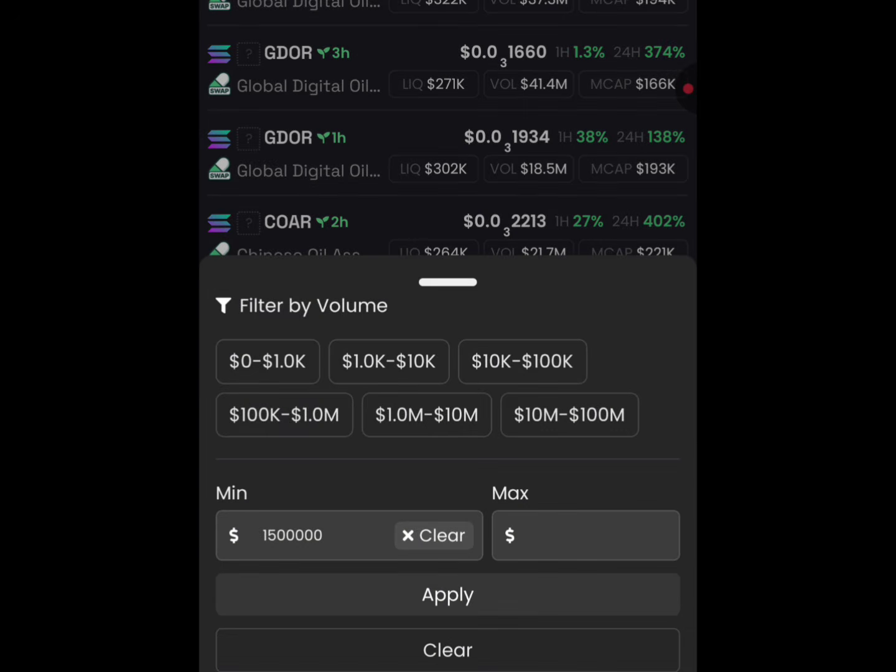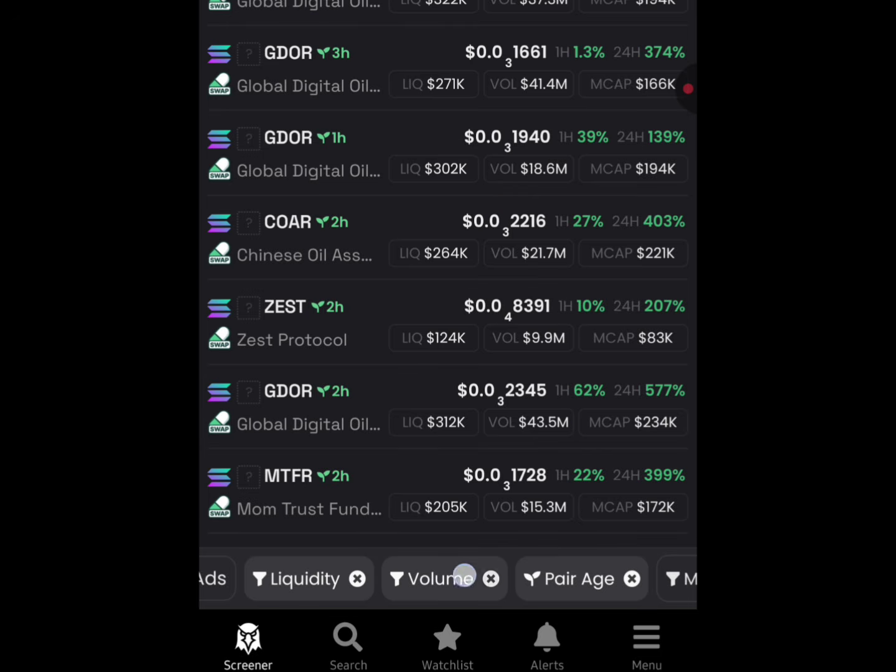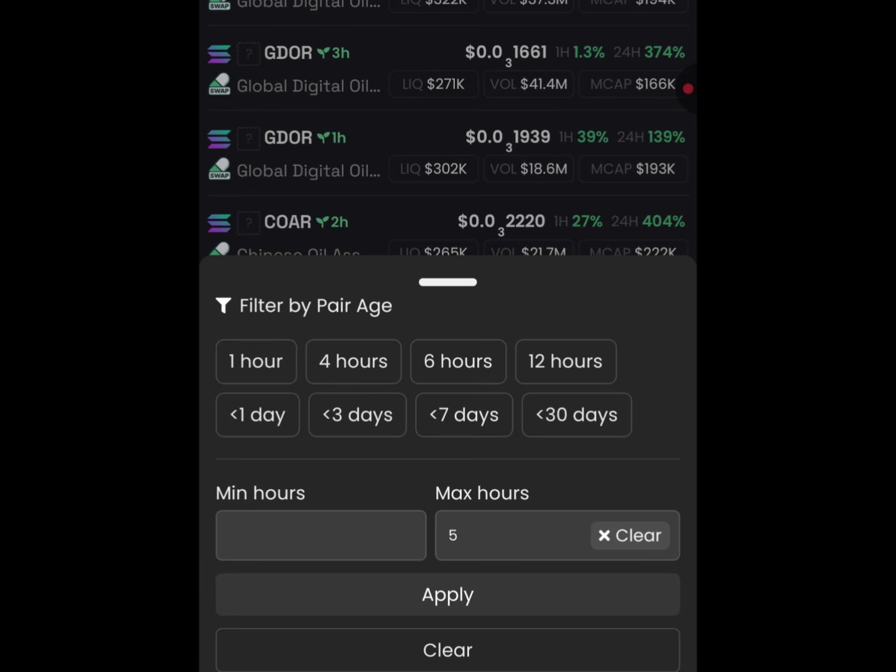Then for the volume, we use about 1.5 million for the volume. For the pair age, that is how old the coin should be. So if we are setting it for a maximum of 5 hours, that means the coin shouldn't be older than that.